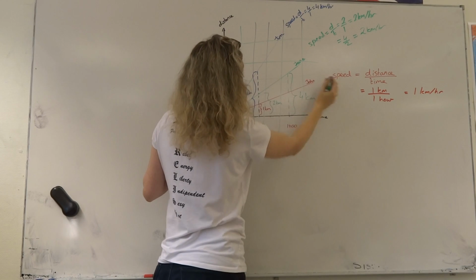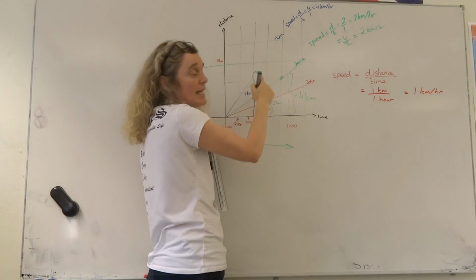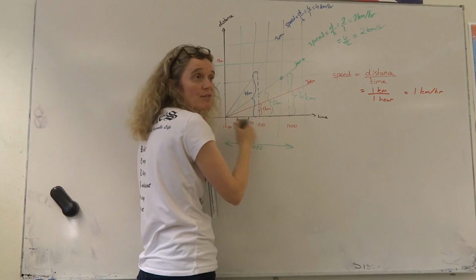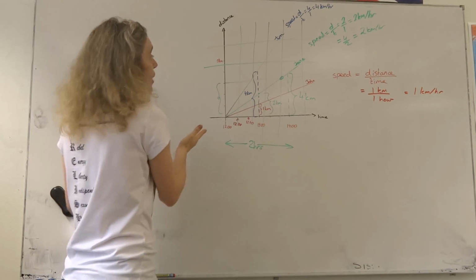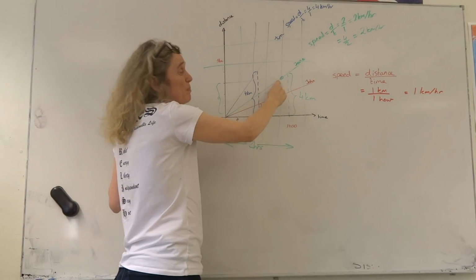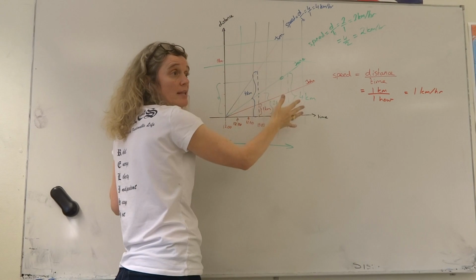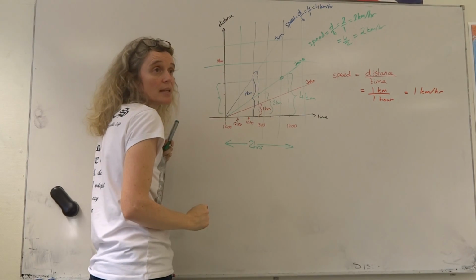Here's a point that cuts through both the x and the y. It makes it really easy for me to read off the y value and the x value. So always follow the straight line until it cuts a coordinate nicely. That's the best way to take your y over your x. Rise over run. Difference in the y-axis divided by distance in the x-axis.